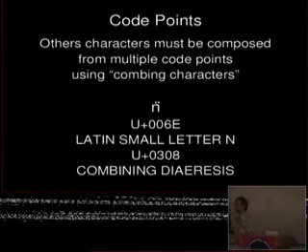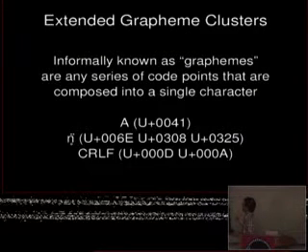There's actually no limit to it. And this is multiple code points, such as Latin small letter n, followed by combining diaeresis, and it creates a grapheme cluster, an extended grapheme cluster.